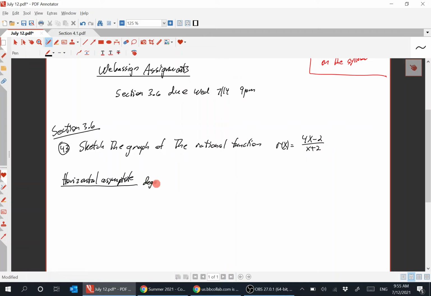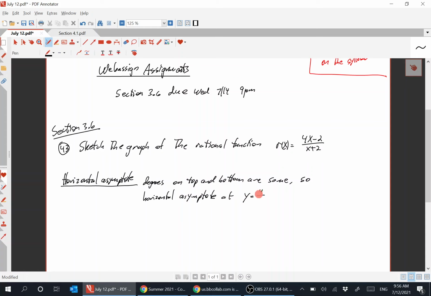The degrees on top and bottom are the same, so you look at the highest power of x on the top and bottom, and you look at the ratio of those coefficients.